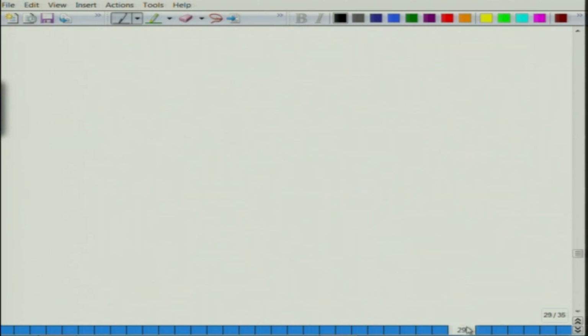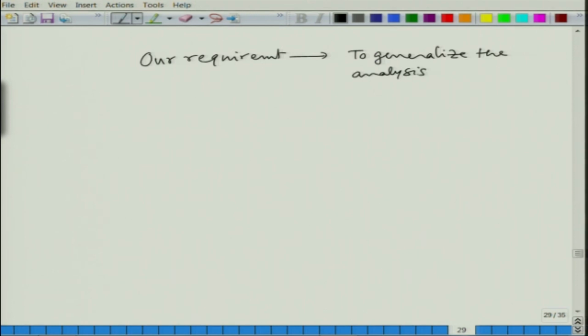Okay. So, our requirement is to generalize the analysis and express omega in terms of global south.